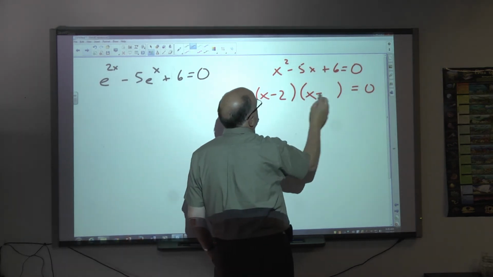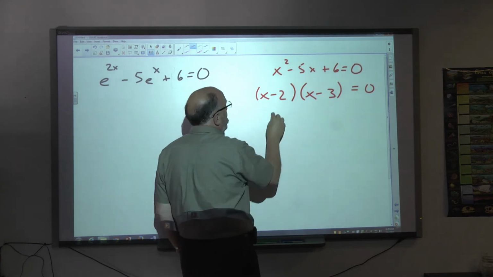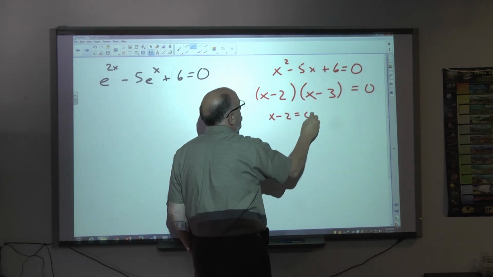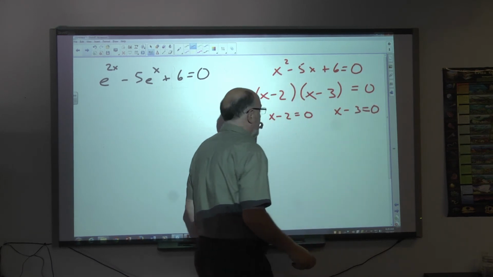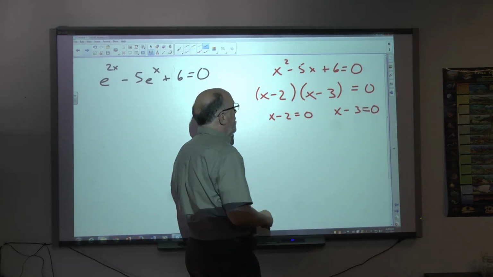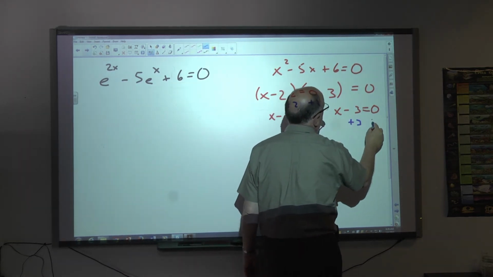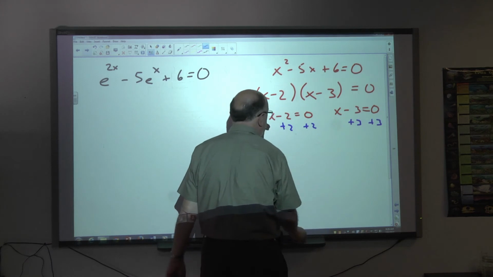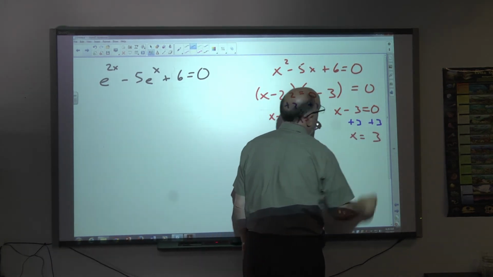And so that'll be 2 and 3. And then we would say that either x minus 2 equals 0, or the x minus 3 equals 0. And so here we could add 2. Over here we would add 3. And we get our two answers, x equals 2 and x equals 3.